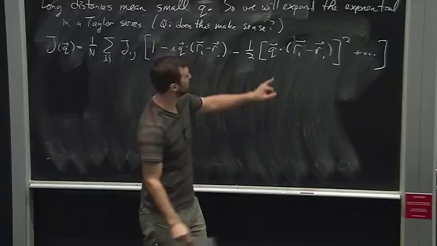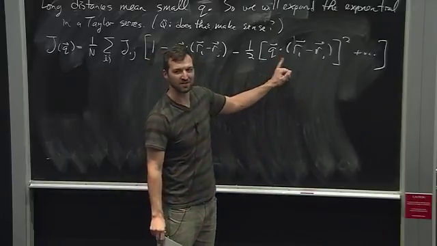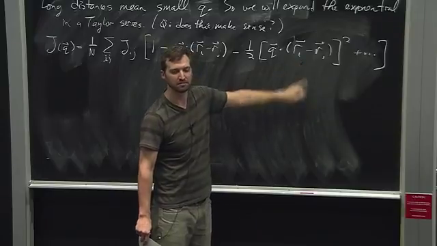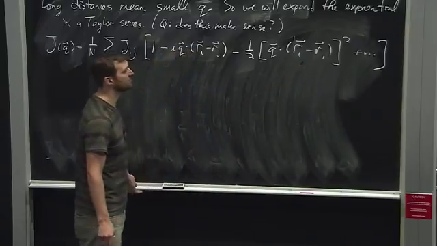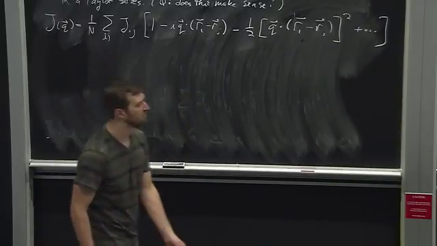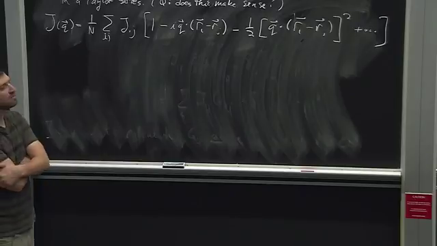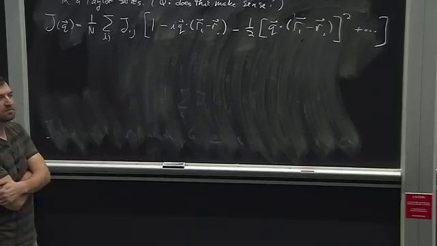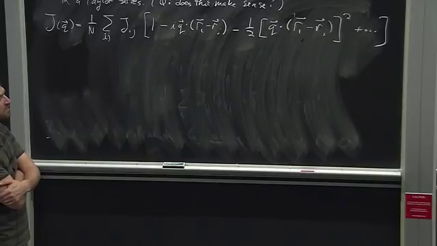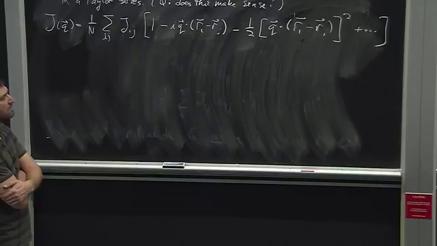So what you're saying is, if this is small and this is large, how are you justified in doing this expansion? I think it's okay because if you set Q to be small and then you choose the terms where Ri minus Rj is of order 1 over Q, then the product should be close to 2 pi or some multiple of 2 pi, and then you can do it modulo 2 pi and expand around 0. So I think it's fine.